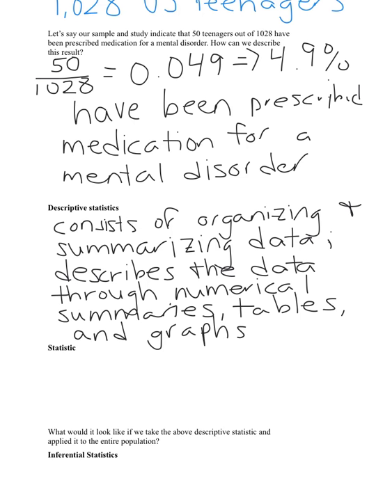And then our next definition is a statistic, and that is that numerical summary that we were talking about in that previous definition. That's that 4.9%. So a statistic is a numerical summary based on a sample.